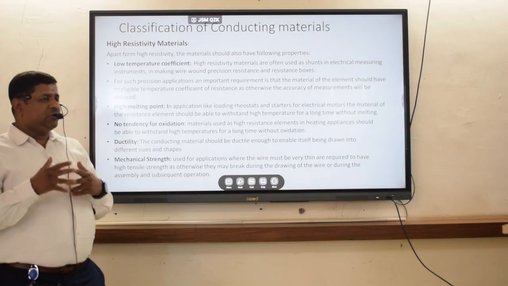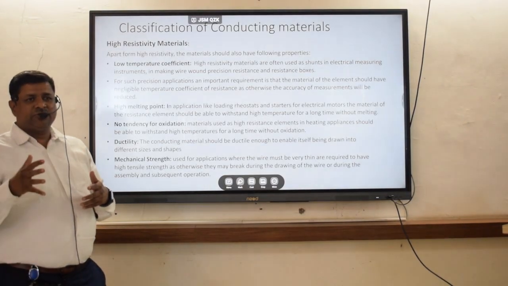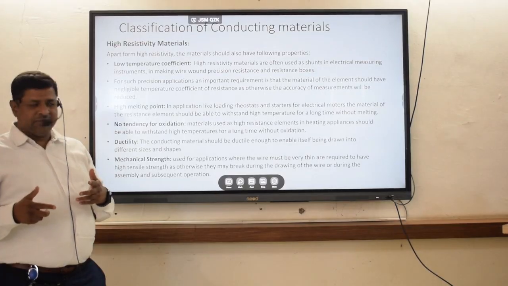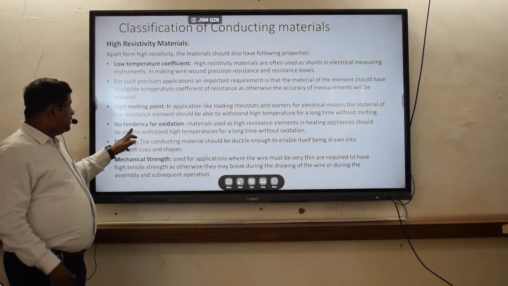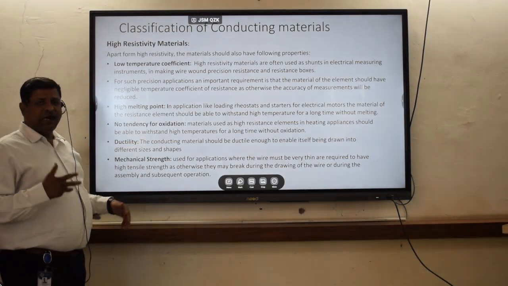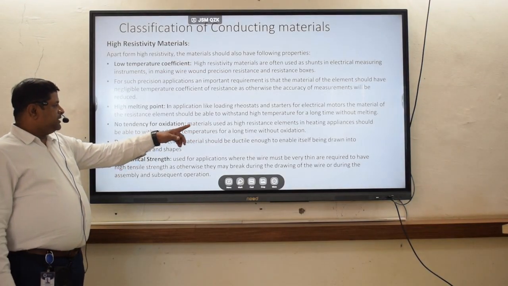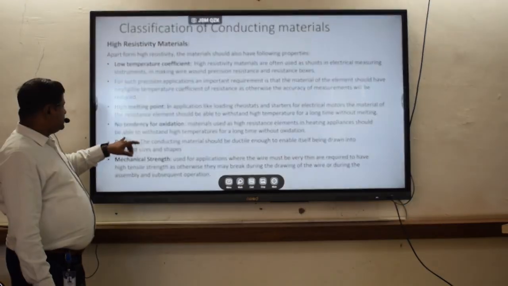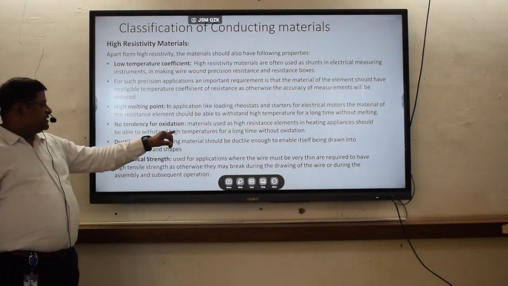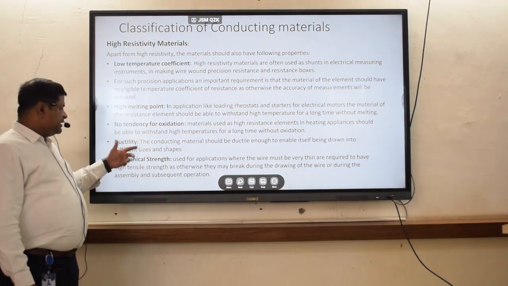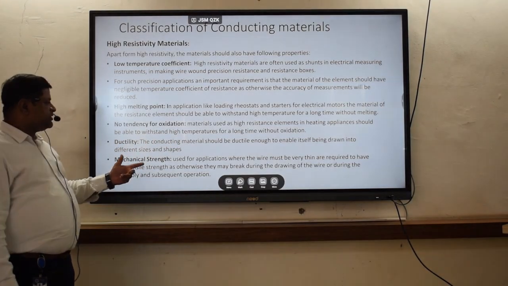That means it should not react with atmospheric oxygen and form an oxidized layer on the surface, so it should have high oxidation resistance. Materials used for high resistance elements in heating appliances should withstand high temperature for a long time without oxidation. Then ductility is one more, and mechanical strength is one more.